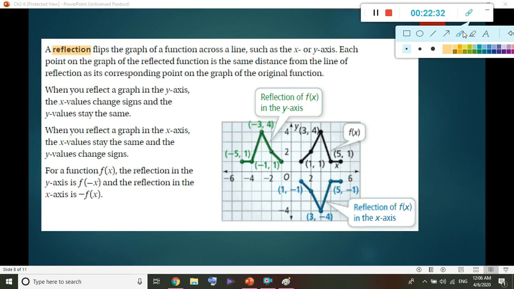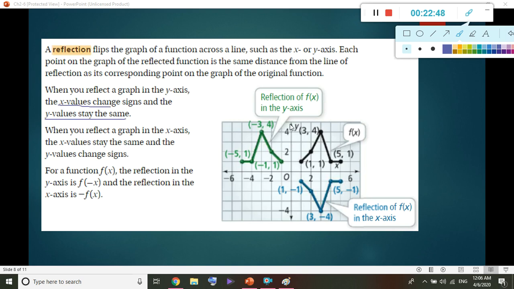Okay, so here's the first point we are having. When you're reflecting the graph about the y-axis, only the x values change. The y values stay the same.